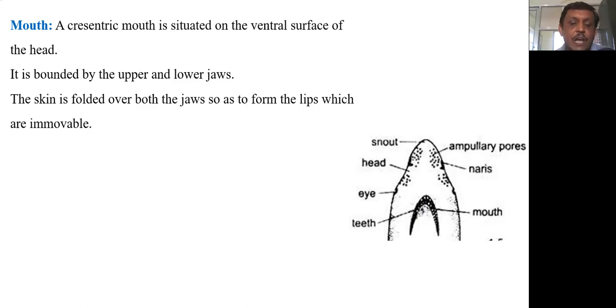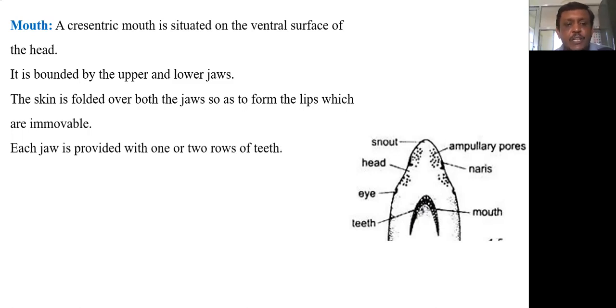In our case, we have movable lips. We can move our lips, but the lips covering the jaws in Scoliodon are immovable. Each jaw is provided with one or two rows of teeth, as we can also see in the diagram. The teeth in Scoliodon are replaced several times.